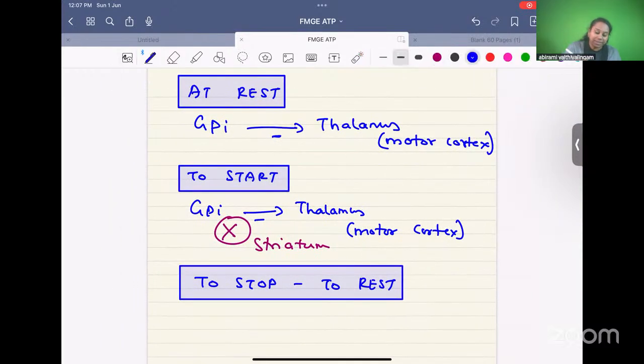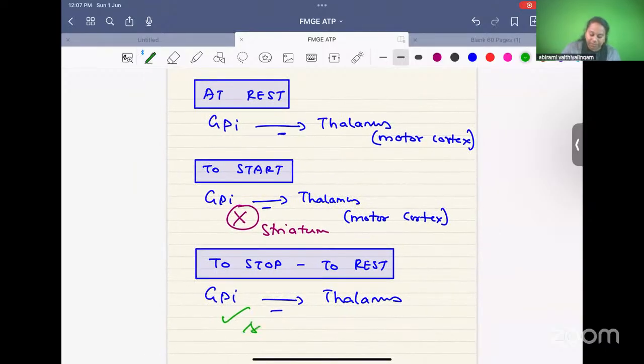Who will activate this again for us? Very good, subthalamic nucleus. Subthalamic nucleus will activate this again for us. So you will come back to rest.